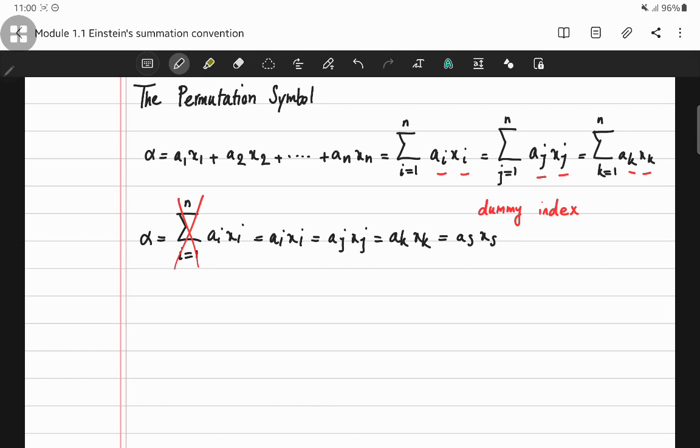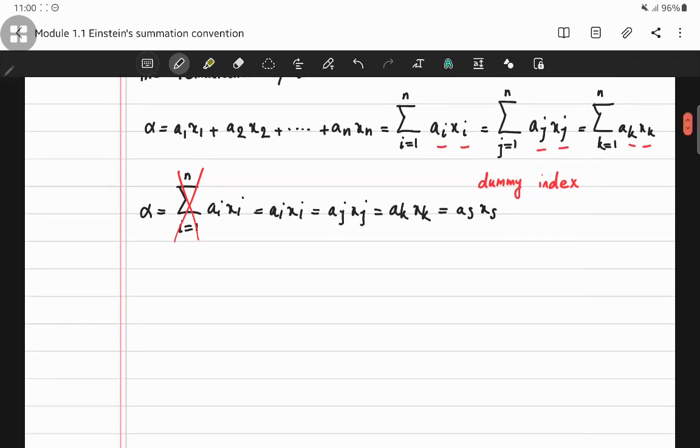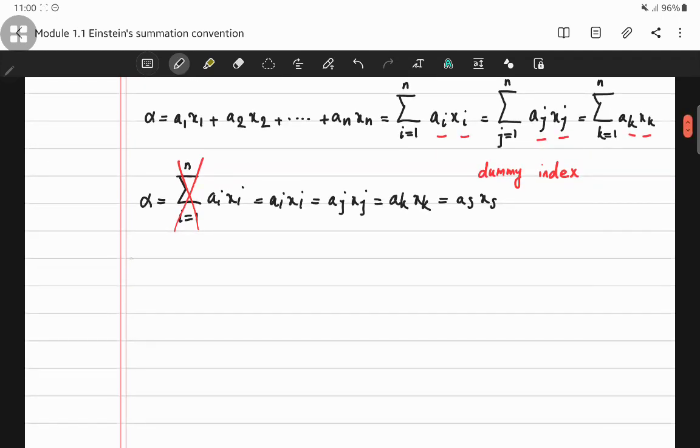So let's write one of these expressions here. For example, first let's say that n goes to 3. So alpha becomes, if we write ai xi, and n varies from 1 to 3, we'll have a1 x1 plus a2 x2 plus a3 x3.